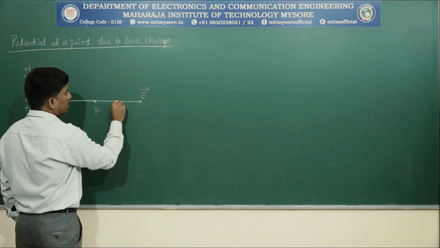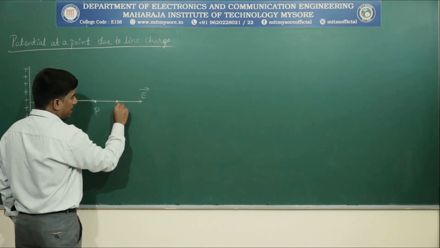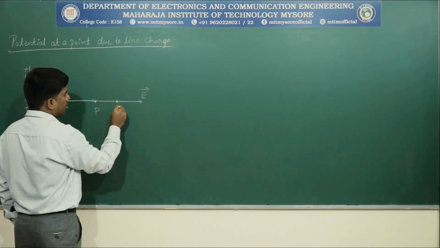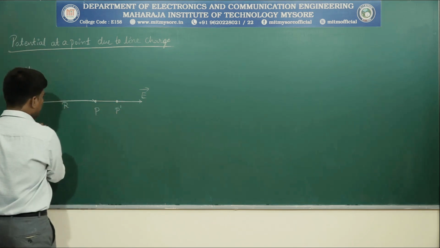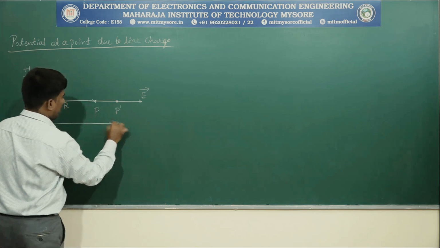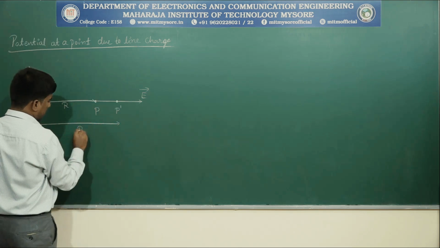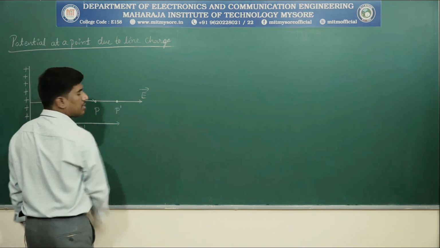This is another point P dash, which is at a distance r dash from this line charge.